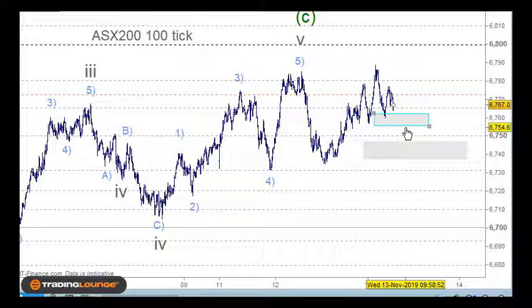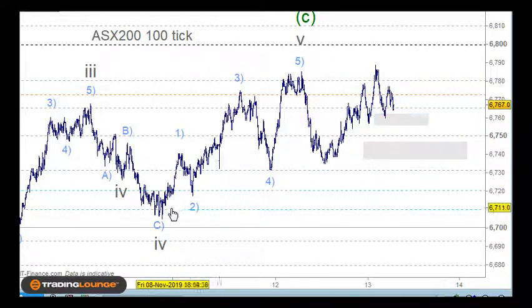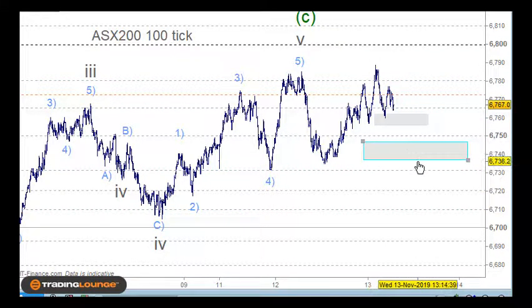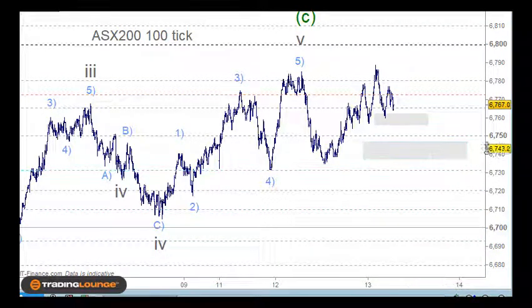So if it comes down further, then all of this structure to this high, this level here is the support. And the reason I'm pointing this out is because if this breaks down at this particular point, moves through that, then we've definitely got a bigger bearish picture happening. Another way we could look at it is this level, the 6,750, the midpoint.